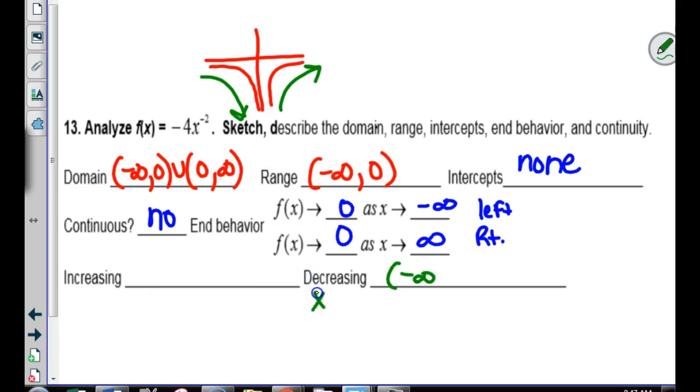Remember, this is x interval, so it's from the left till I get to 0, and then to the right of the y-axis would be 0 to infinity. Again, that's on section 2.1, if you haven't done that.